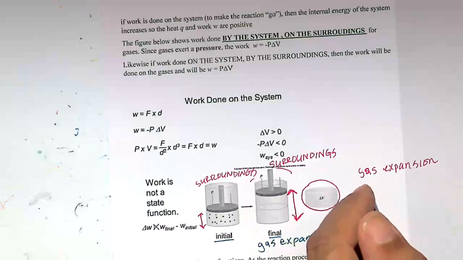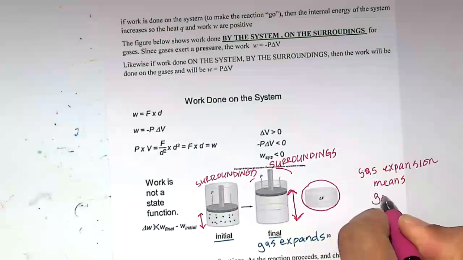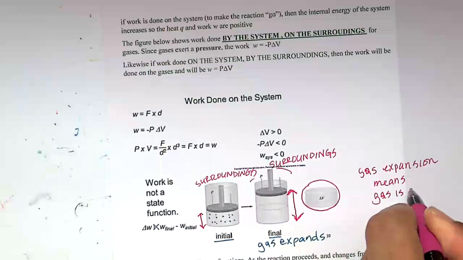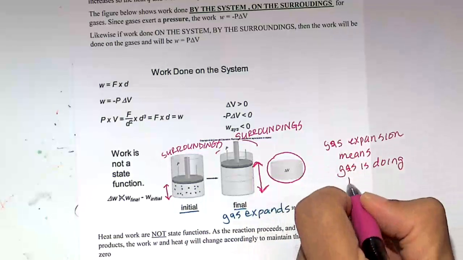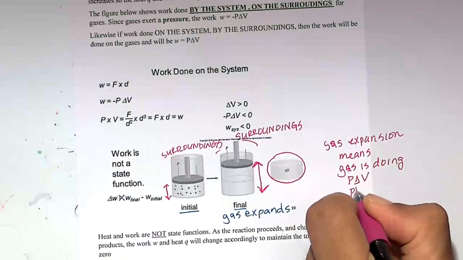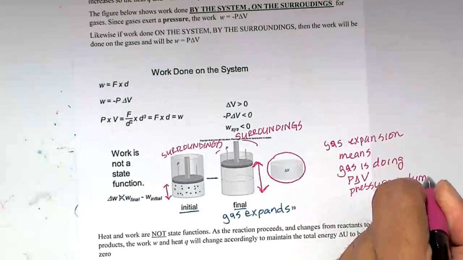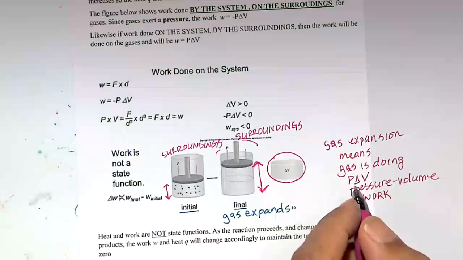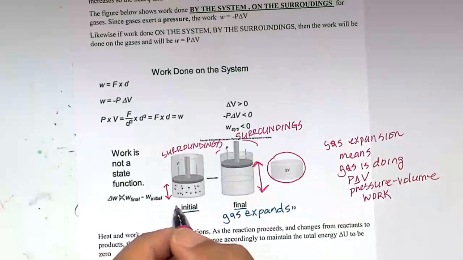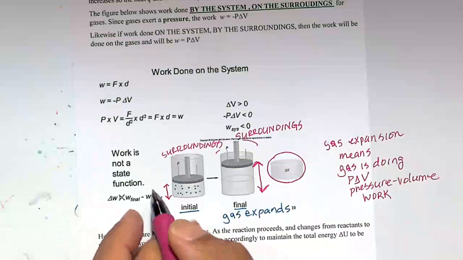Here we say the gas is doing pressure volume work. Gas expansion means pressure volume work, P delta V. So what would be the sign for the energy for the system here, the gas, positive or negative?